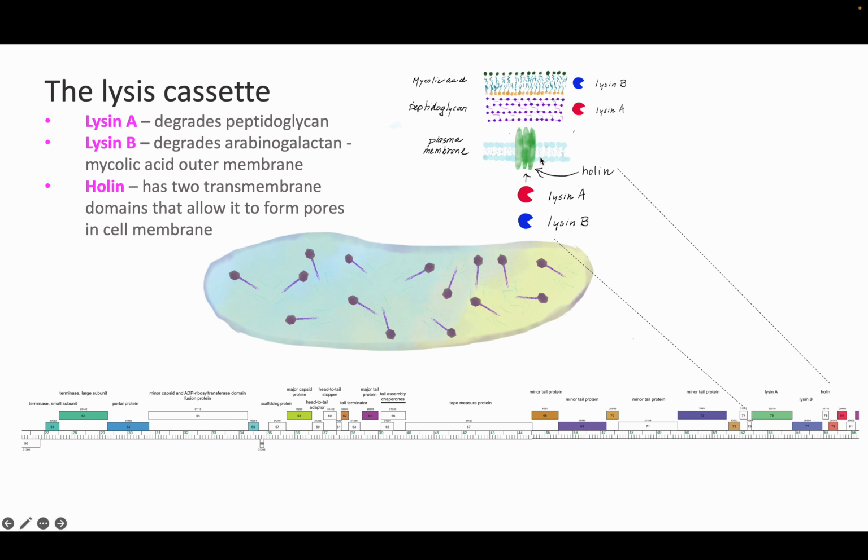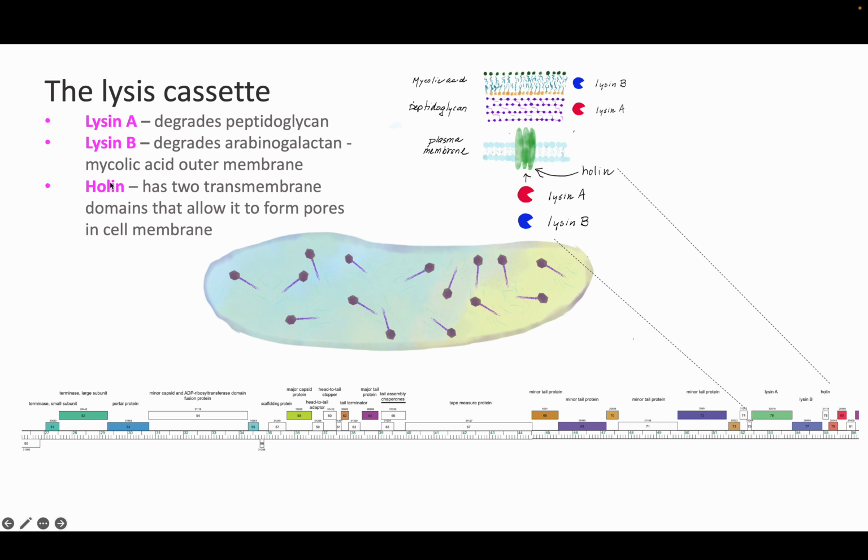And that's shown right here: plasma membrane, peptidoglycan, and then that mycolic acid outer membrane. And so phages that have been assembled inside an infected cell have to get through those 3 layers in order to go on and find new host cells to infect. And so they encode 3 different genes that cause lysis of the cell.